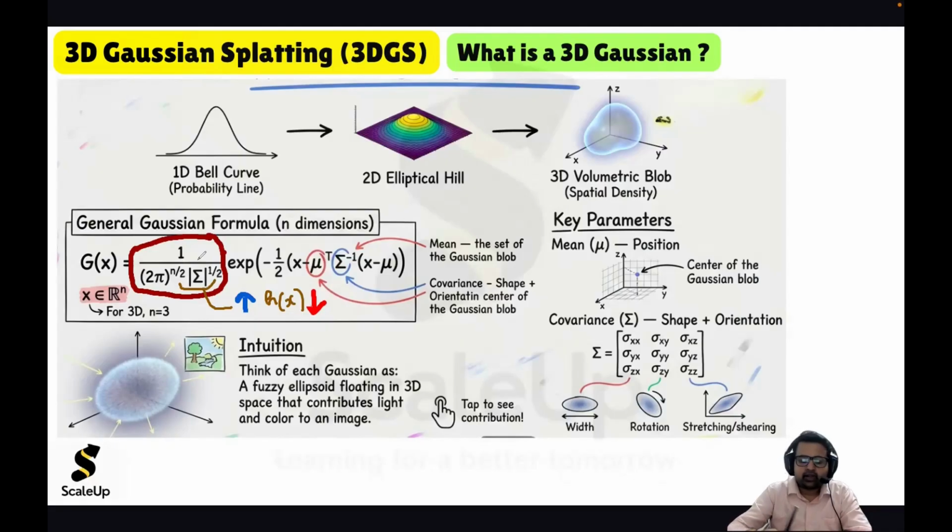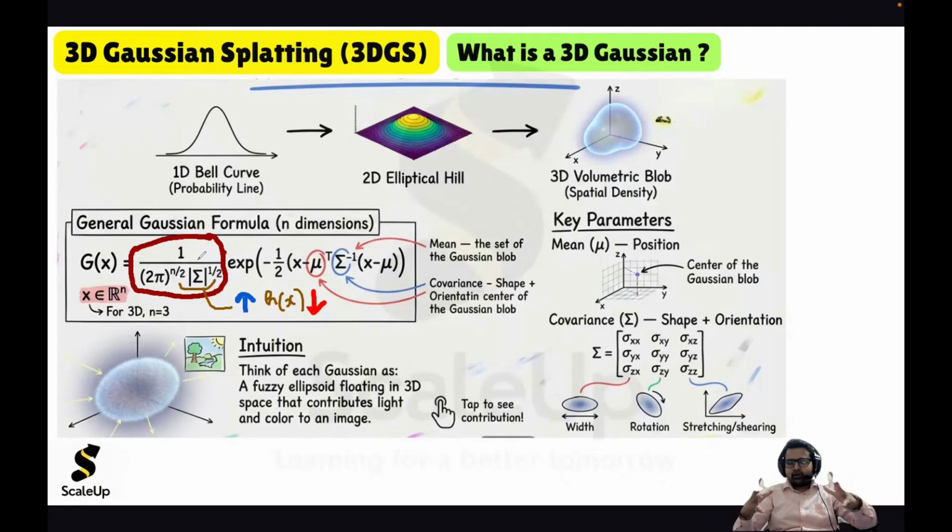And this term is representing the amplitude. We already got an idea that if the determinant of the covariance matrix is high, it means the diagonals are having higher values. Higher value of diagonals means the 3D Gaussian is spread. And if it is spread, to balance the energy, the density of the points has to be low.